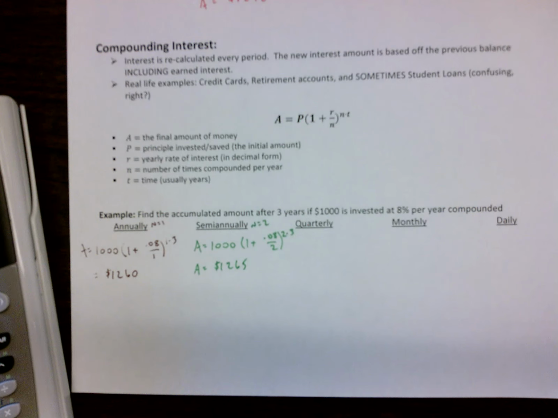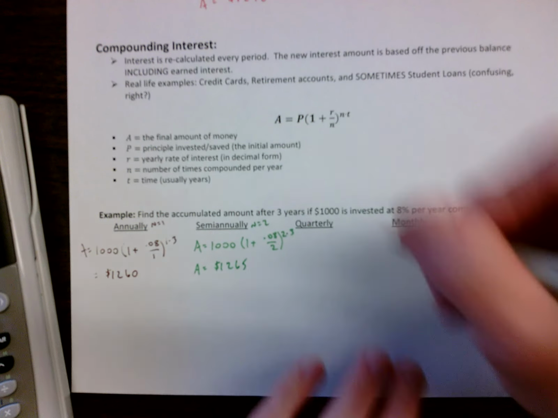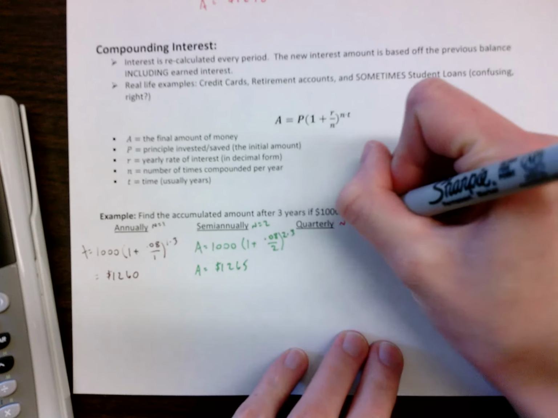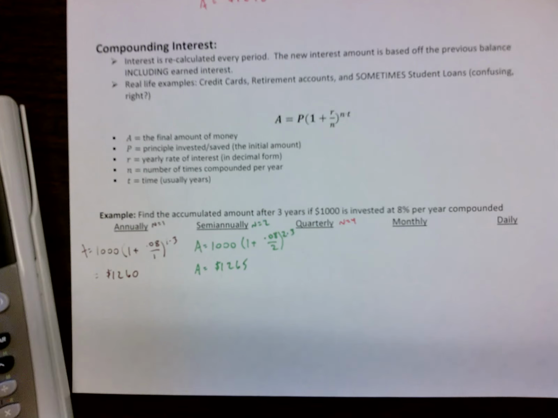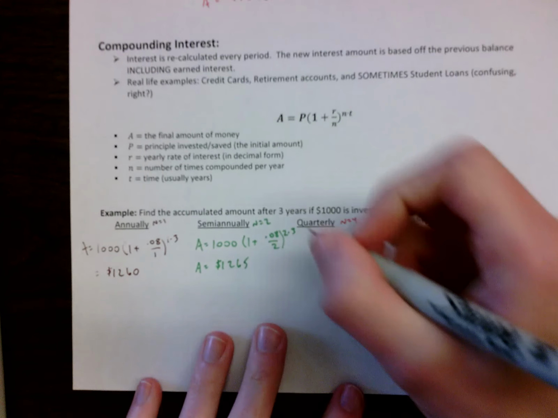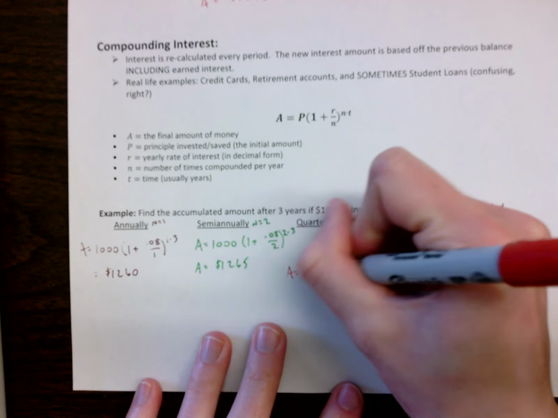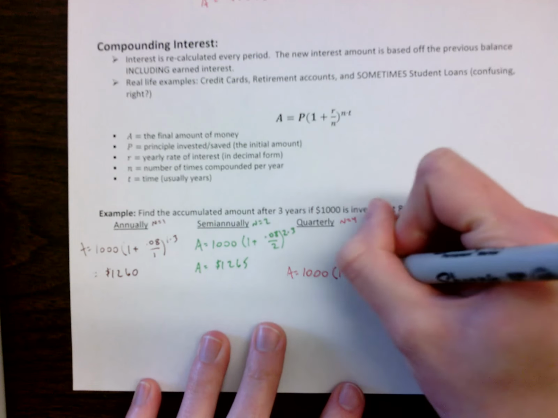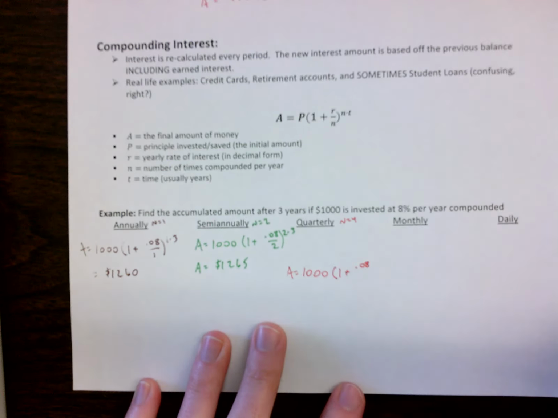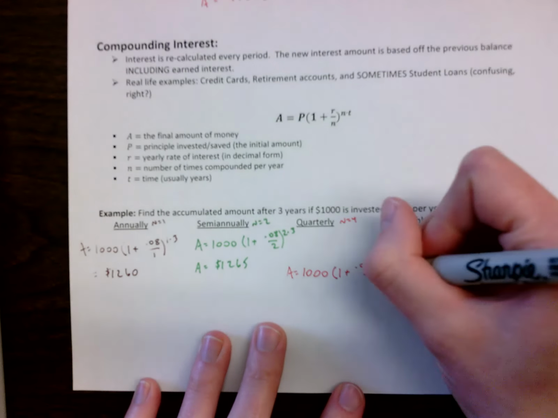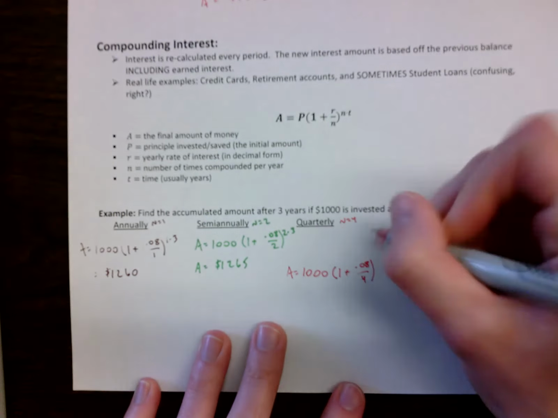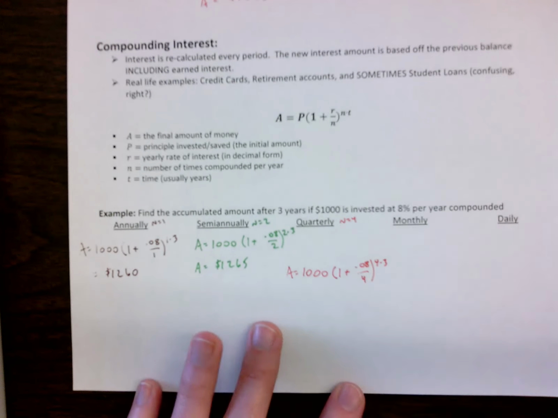All right, quarterly, like there's 4 quarters in a dollar, right? So that's 4 quarters in a school year. So that's when you have n equals 4. So it's going to be initial amount times 1 plus our rate. That part's not changing because we haven't changed that in this problem. But now we're dividing by 4, and it's going to be raised to the 4 times 3.